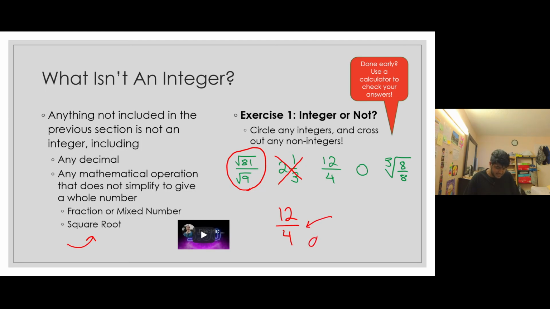So if we write this as a division question, we can say it's 12 divided by 4, which is equal to 3, right? At this point, I want to remind you of this point up here. I intended on saying it earlier, but I guess I just forgot. If you are done early, please take the time to grab a calculator. I don't really have one on hand here, but you can grab a calculator and plug in everything and make sure that what you get on your calculator matches what we have here. Okay? All right.